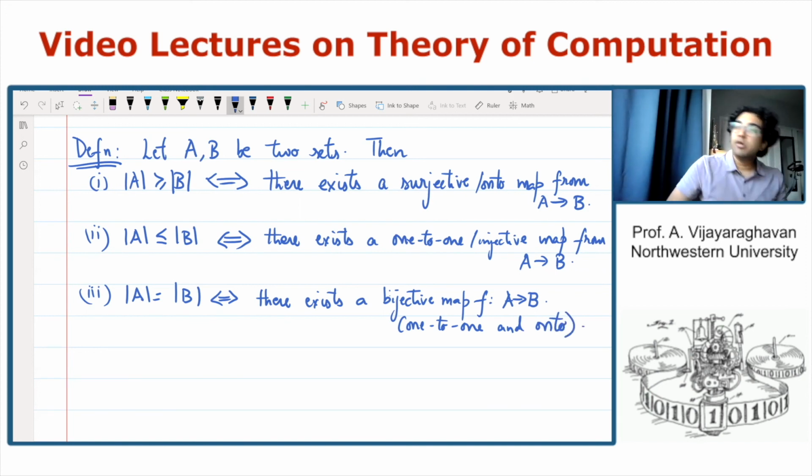So these are basically definitions of when the cardinality of A is greater than or equal to the cardinality of B, or less than or equal to the cardinality of B, or equal to each other.